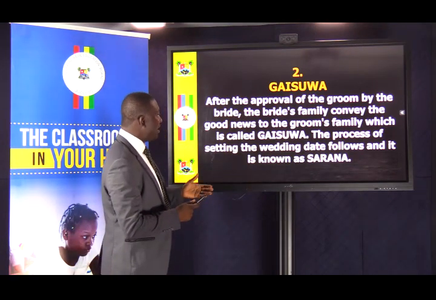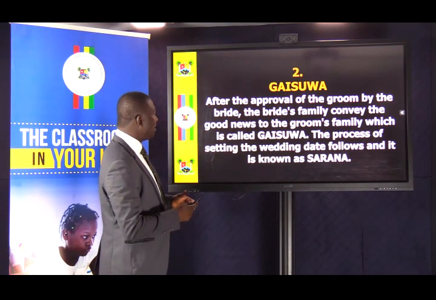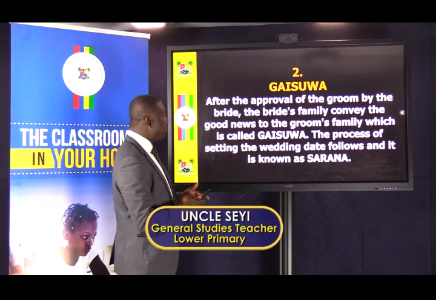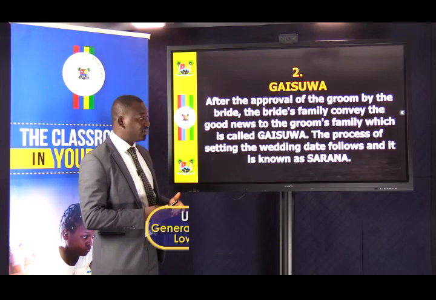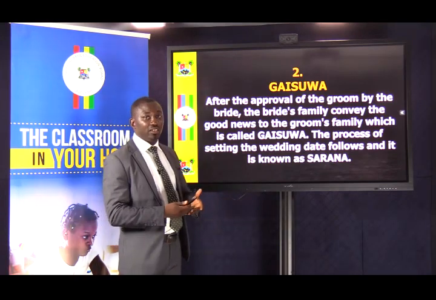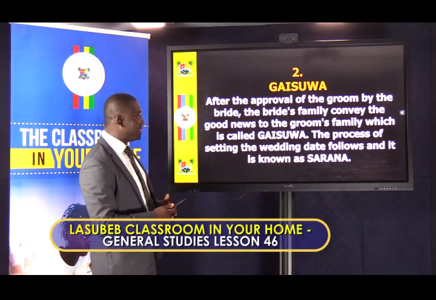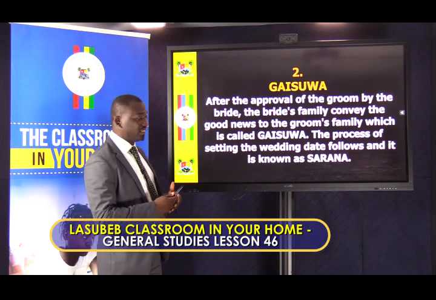When the bride's family conveys this good news to the groom's family, it is called gaisuwa, and the process of the wedding is started. It is known as the sarana.